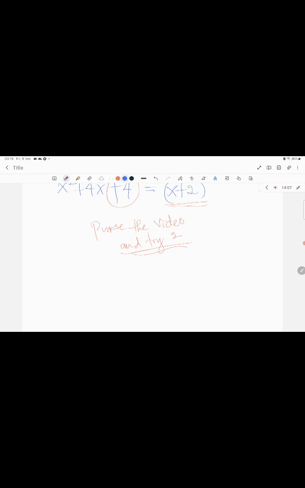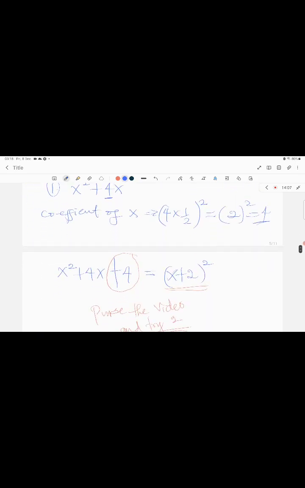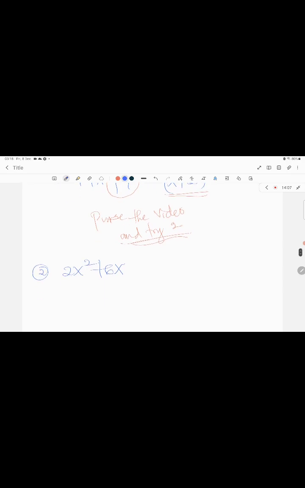Welcome back. So let's do it together. Question number 2, we have 2x squared plus 6x. What can we do to this to make it a perfect square? Remember, we divide through by 2. So when we divide through by 2, what we have left is x squared plus 3x.